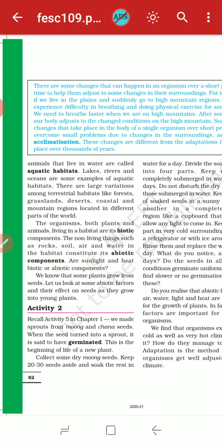Now we know that some plants grow from seeds. Let us look at some abiotic factors and their effects on seeds as they grow into plants. As you know, when a plant grows, it totally depends upon biotic and abiotic factors.